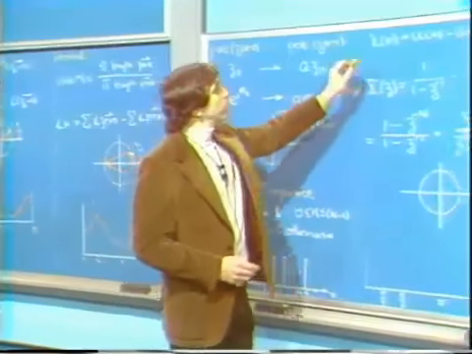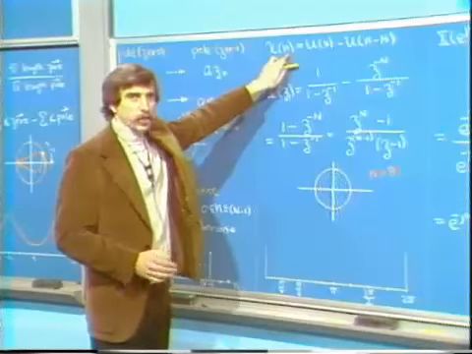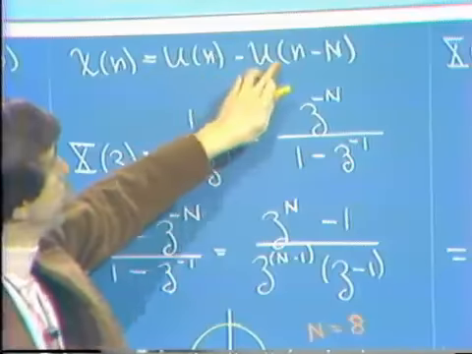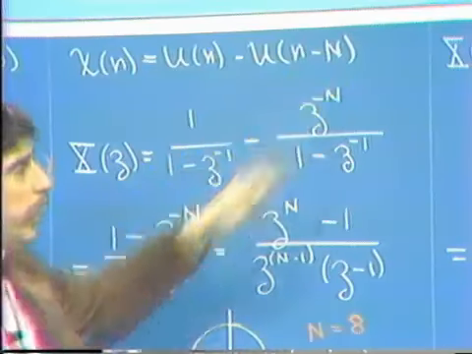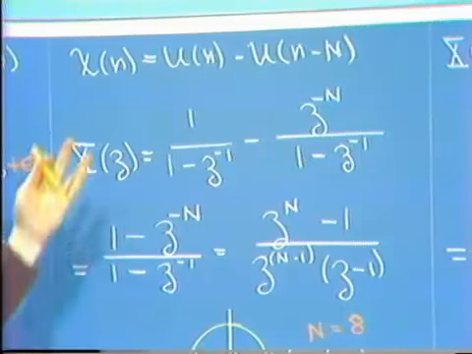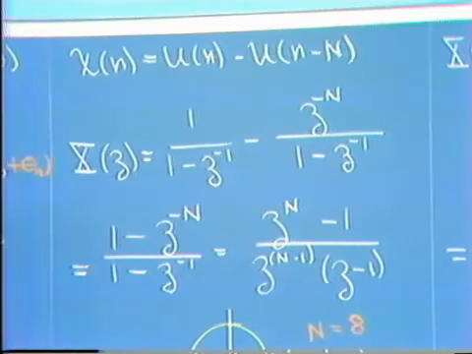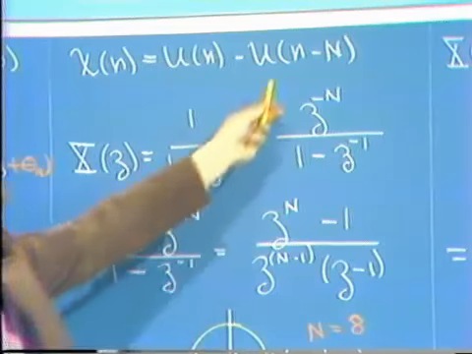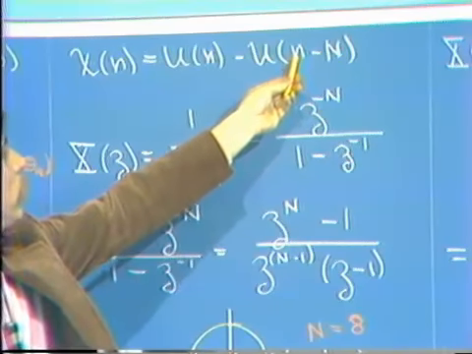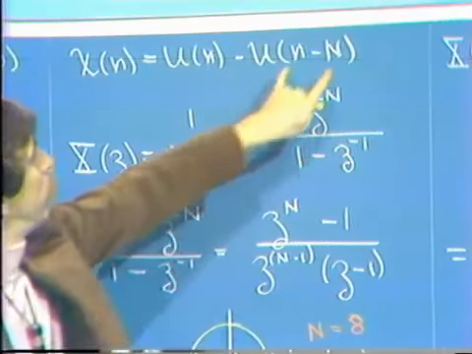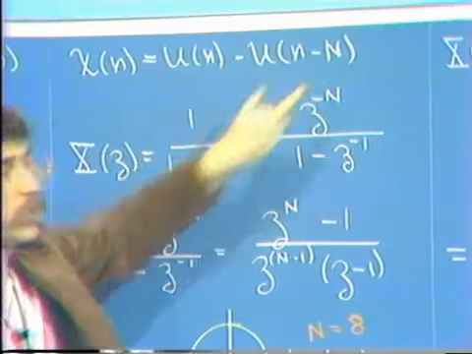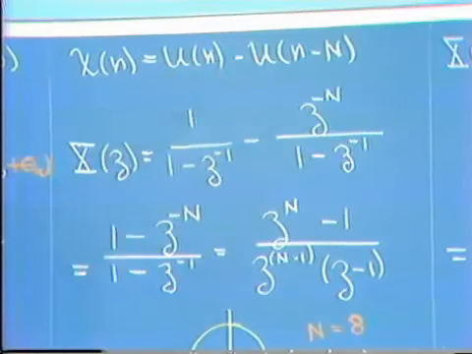We can express x(n), the boxcar sequence, as a unit step minus a unit step delayed by capital N. Well, if you don't see this graphical picture exactly, you can just see quickly that this is true, since for n greater than or equal to capital N, both of these arguments are non-negative, so the value of both of these unit steps is unity, and they subtract off to 0.